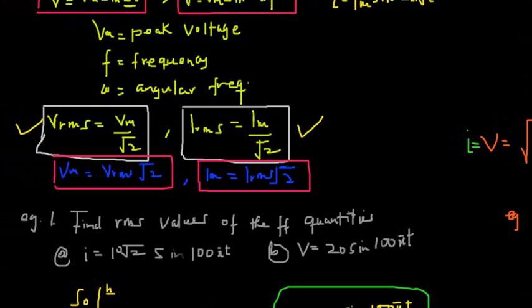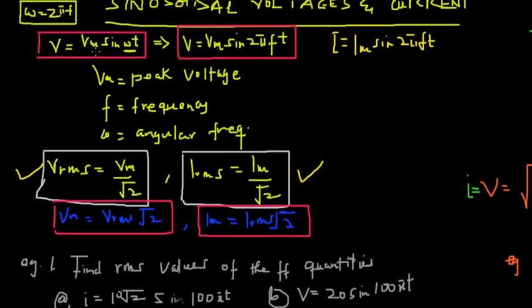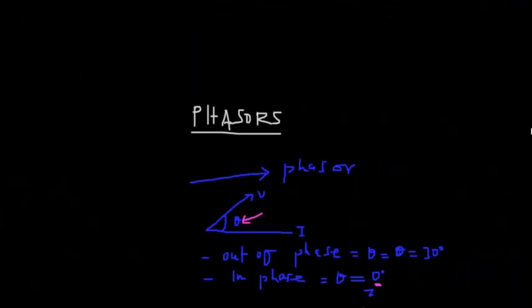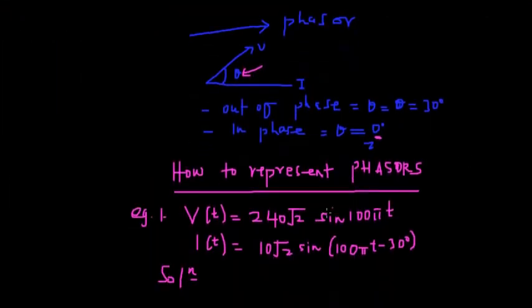That's what we refer to as peak voltage, and peak current. So these are peak voltage, and these are peak current.